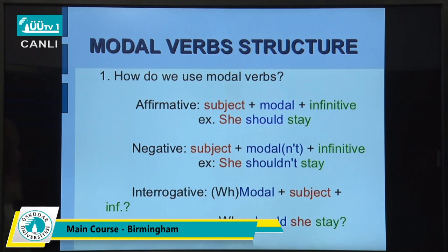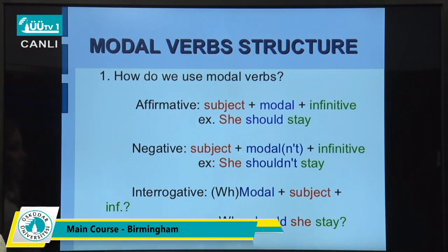What about negative? How do we make negative modal verbs? We just add not or n't to the modal verb. Subject plus modal plus not plus infinitive. She shouldn't stay.